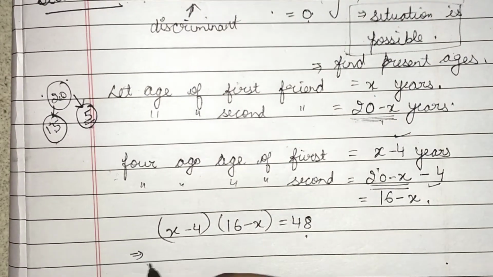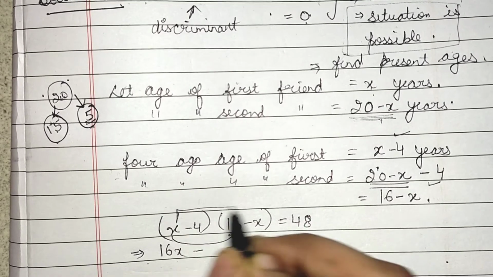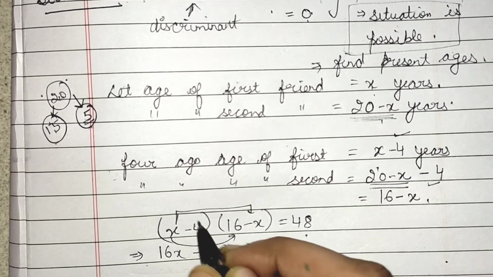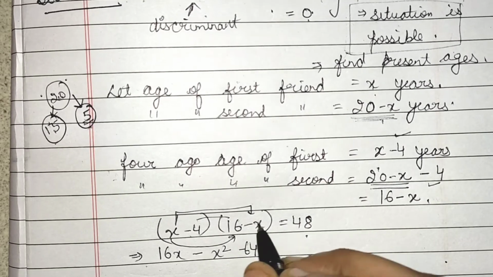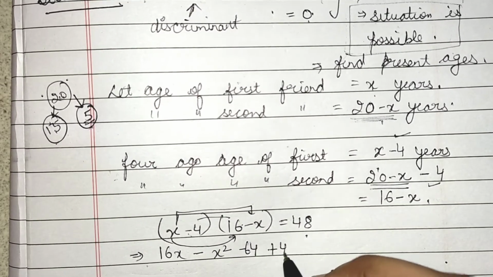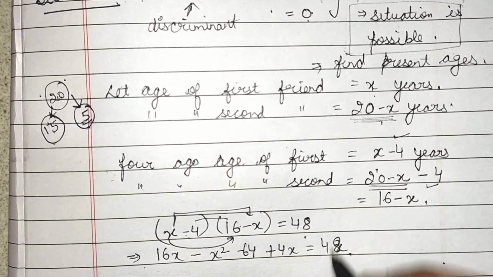So let's solve this equation. It gives 16x minus x square minus 64 plus 4x is equal to 48.